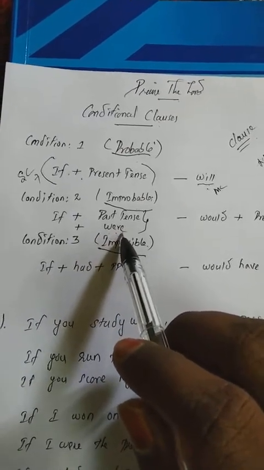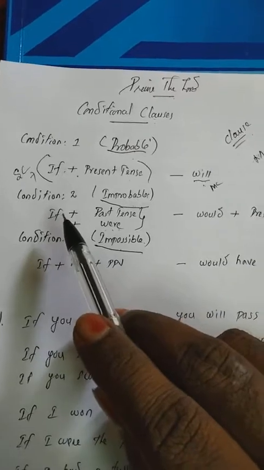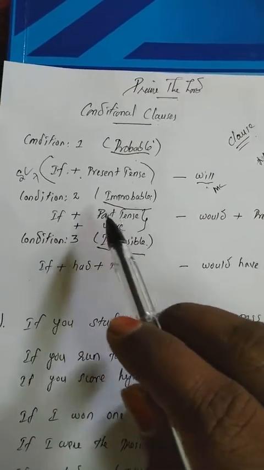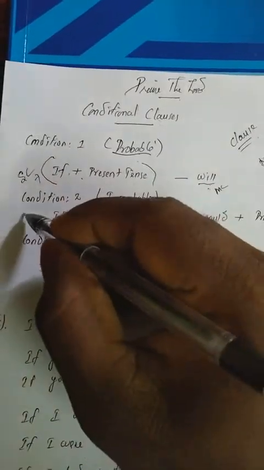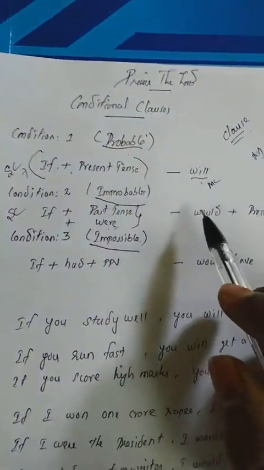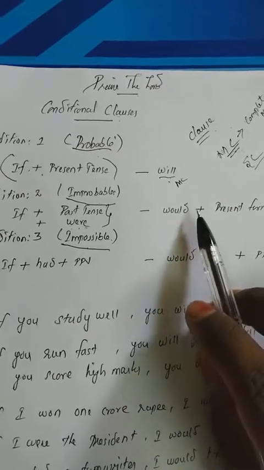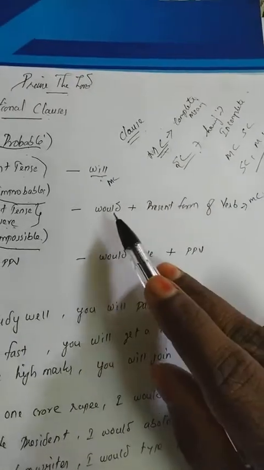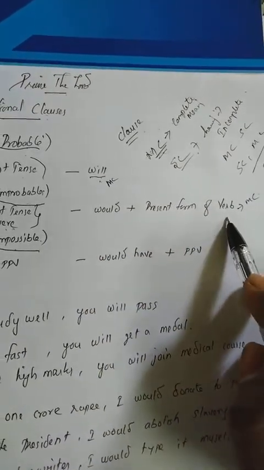So if you come across if plus past tense or if plus were in the subordinate clause, then you will come across would in the main clause, would plus the present form of the verb.